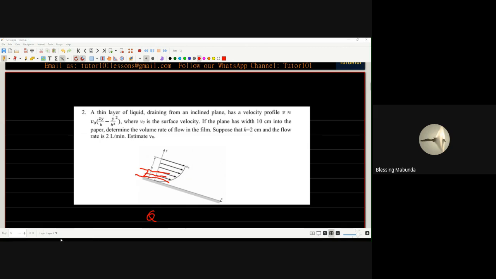Does that example make sense? So that's where you have your pipe and the water is flowing out. The velocity profile that we're looking at here gives us the behavior of the fluid relative to that inclined plane.